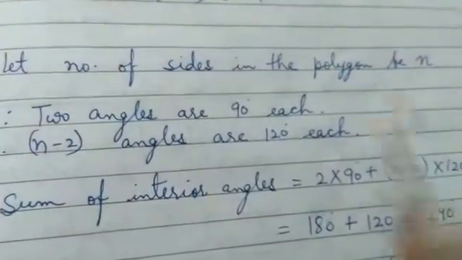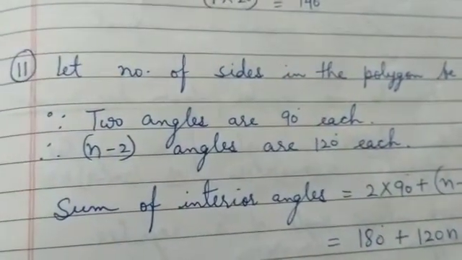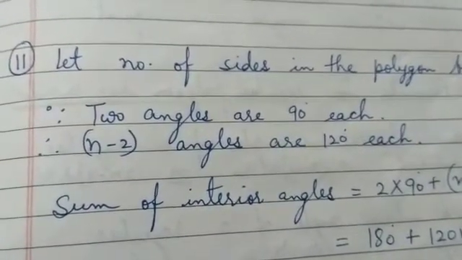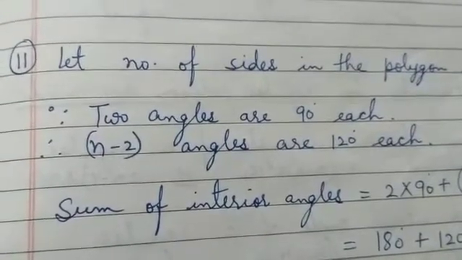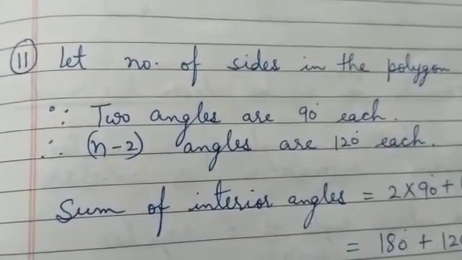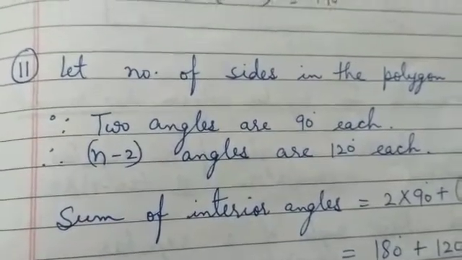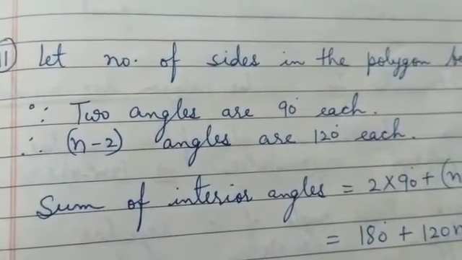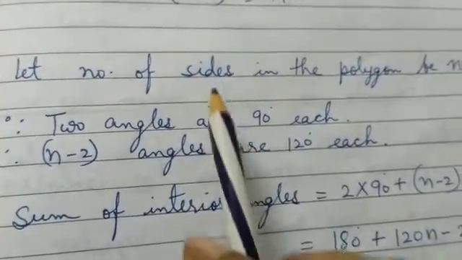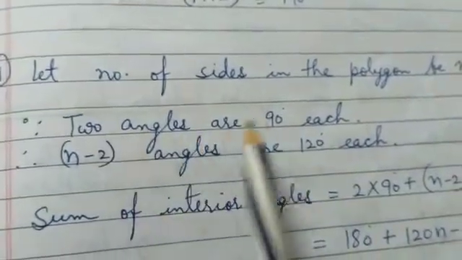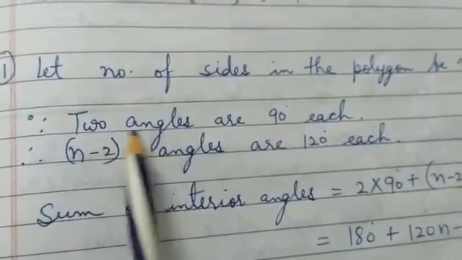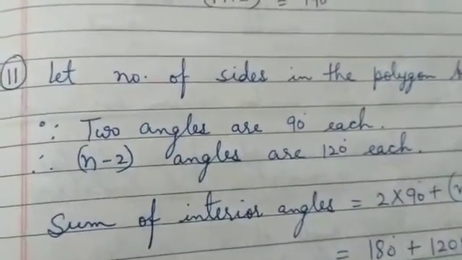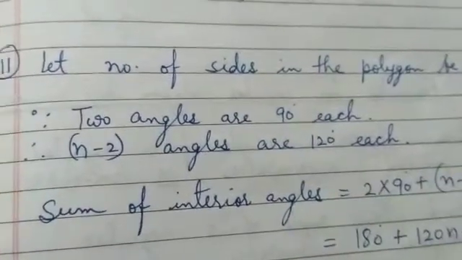So when the number of sides is n, then what is the remaining number of angles? The remaining number of angles are n minus 2, and those n minus 2 angles are 120 degree each.